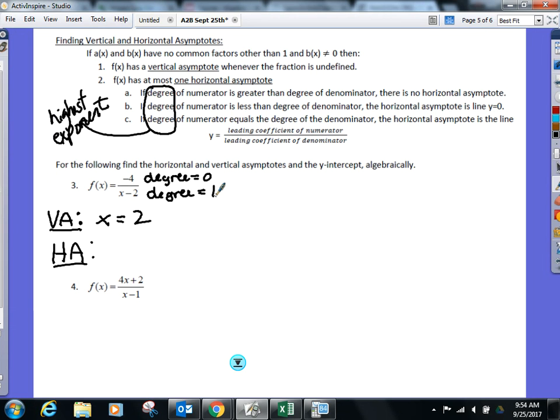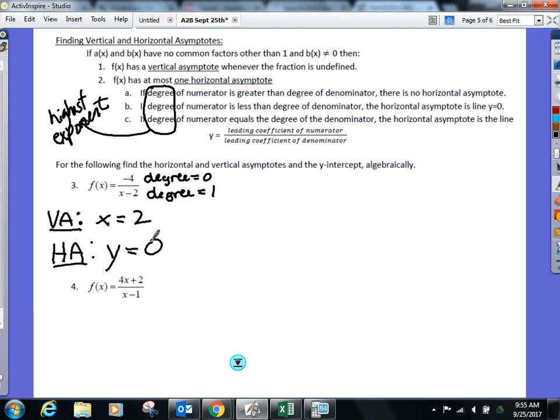Is the degree in the numerator less than the degree in the denominator? Yes, so the horizontal asymptote is the line y equals 0. If the numerator's degree is less than the denominator's, the horizontal asymptote is y equals 0, which is another name for the x-axis.